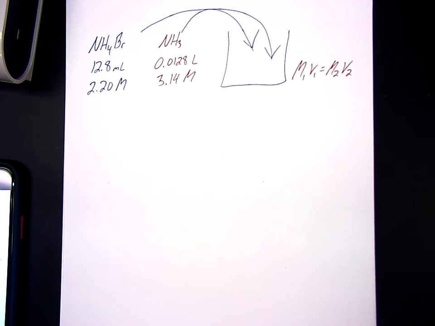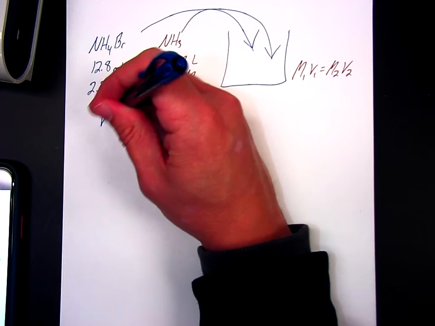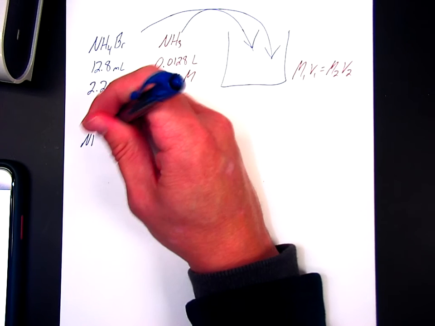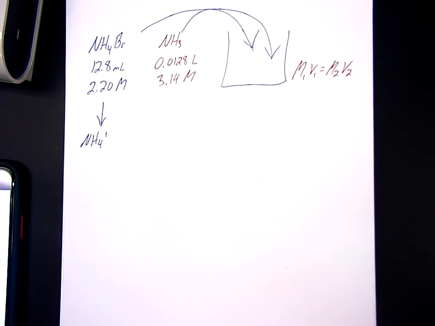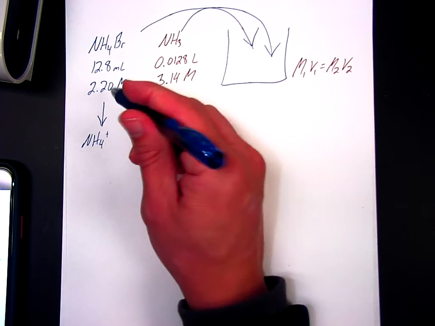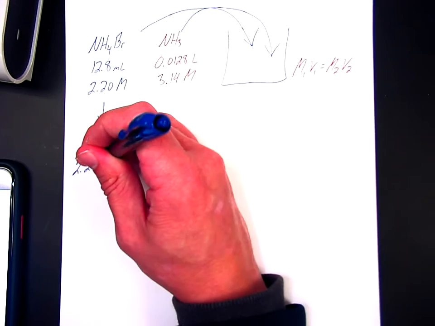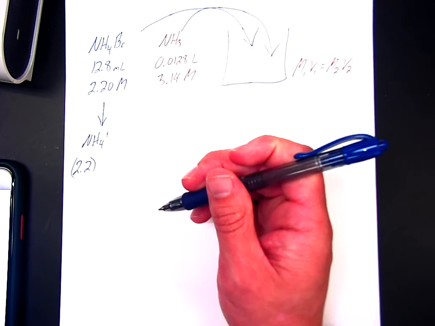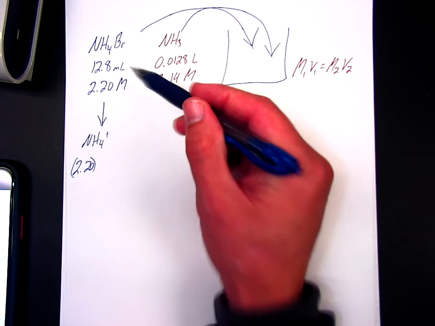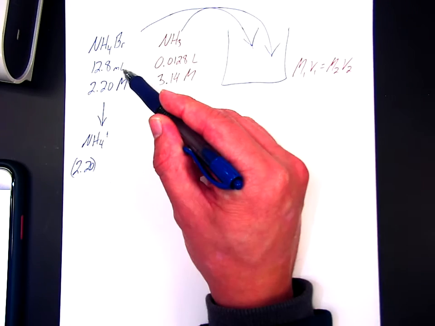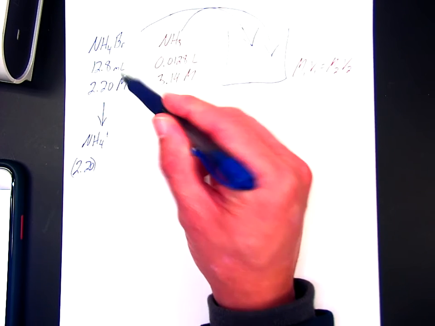So let's track the ammonium ion first. We're going to say his starting molarity was 2.20, and his starting milliliters is 12.8.